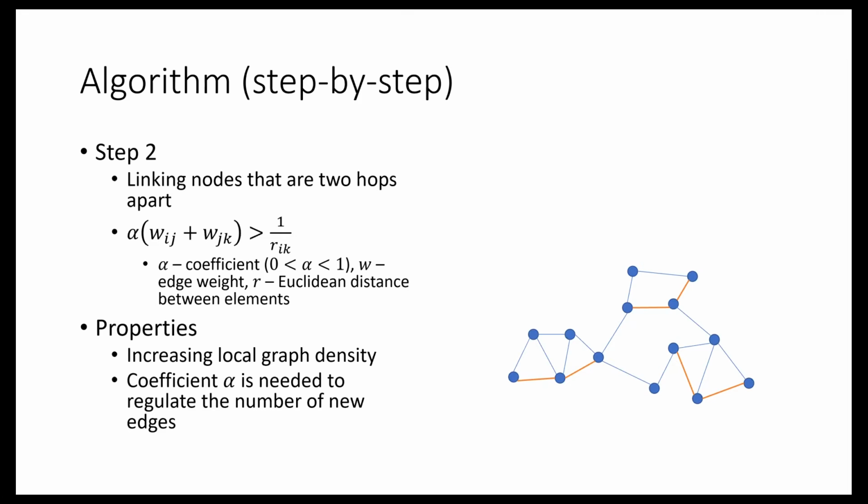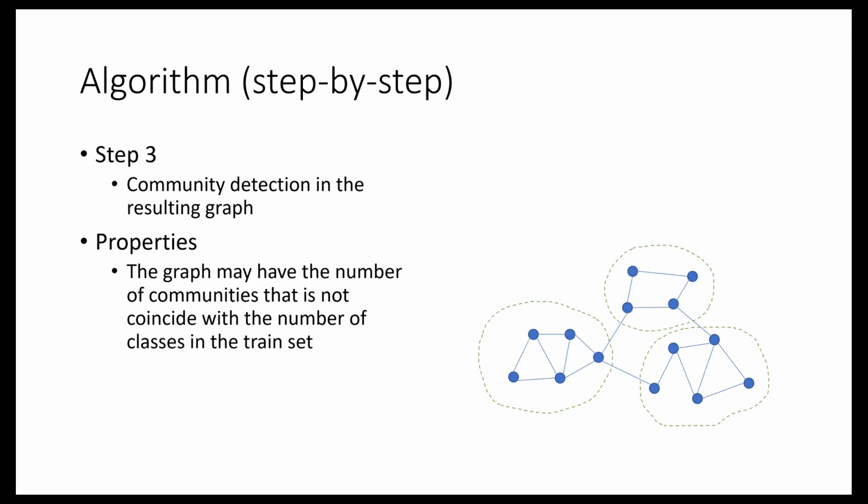And the alpha coefficient is needed just to regulate the number of new edges. So we can add more new edges or we can add fewer new edges, and it can affect the quality of classification. So the next step, we detect the communities in the resulting graph. And one important detail is that the number of communities may be much more than the number of classes.